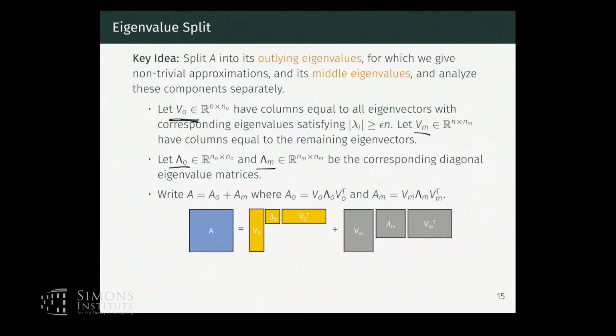And then I can write A in this way: as A projected onto its large eigendirections plus A projected onto its small eigendirections. Similarly, I can write my principal submatrix as the sum of two principal submatrices, the corresponding principal submatrix of my projection onto the outer eigendirections plus the submatrix on the projection onto the inner eigendirections. And so I'm going to analyze it by thinking about these two different components separately. Okay.